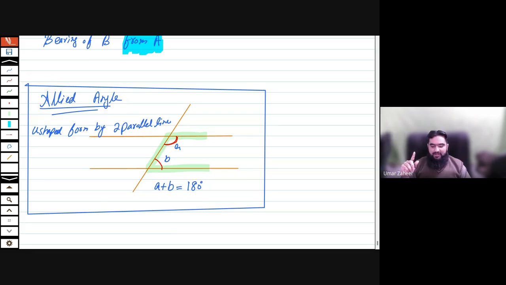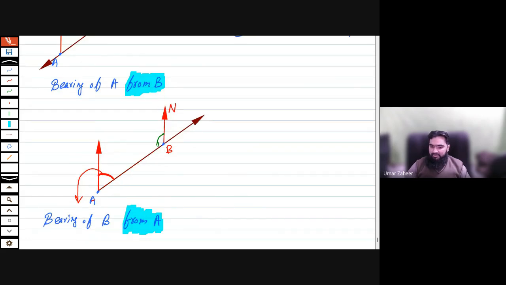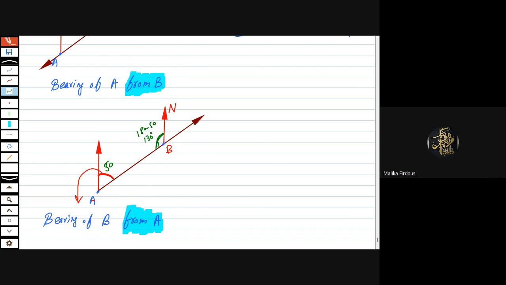This is the property of parallel lines. If two lines are parallel, a U shape is made by the two parallel lines. It can be towards the left side or right side, upward or downward. Look here. We have a U shape towards the upward. For example, this angle is 50 degrees. So we can find this angle easily: 180 minus 50, that will be 130 degrees. Yes, everyone, is it clear? Yes, sir.